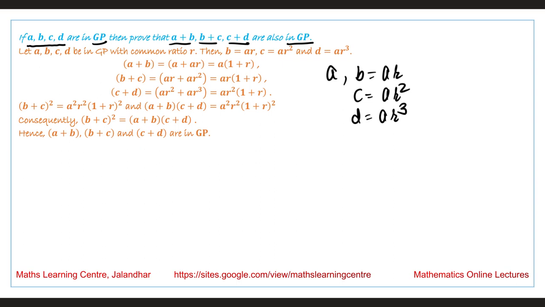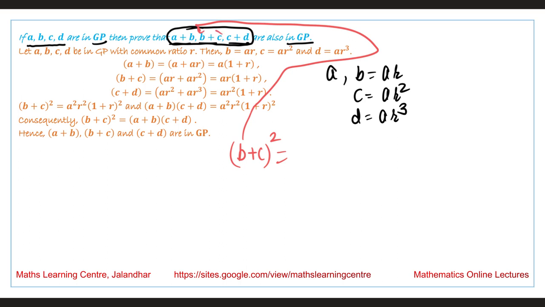Now if we substitute, we have to prove that these three numbers are in GP. So if we calculate the value of the middle term, it is b plus c whole square, which is ar plus ar square whole square.